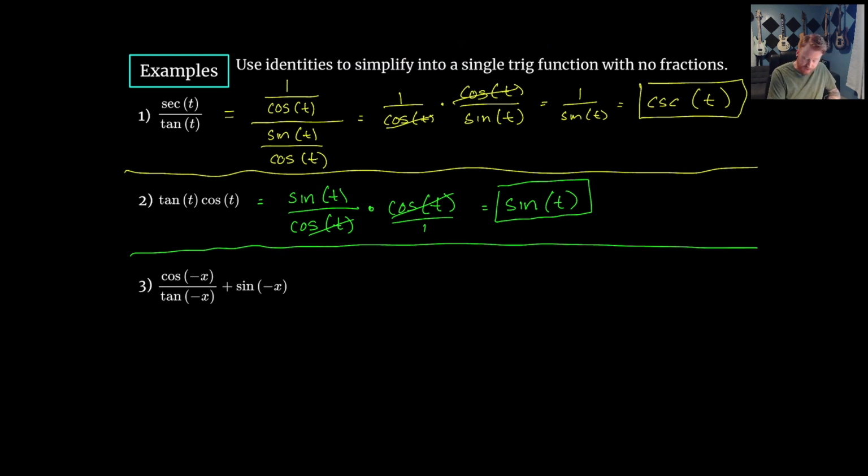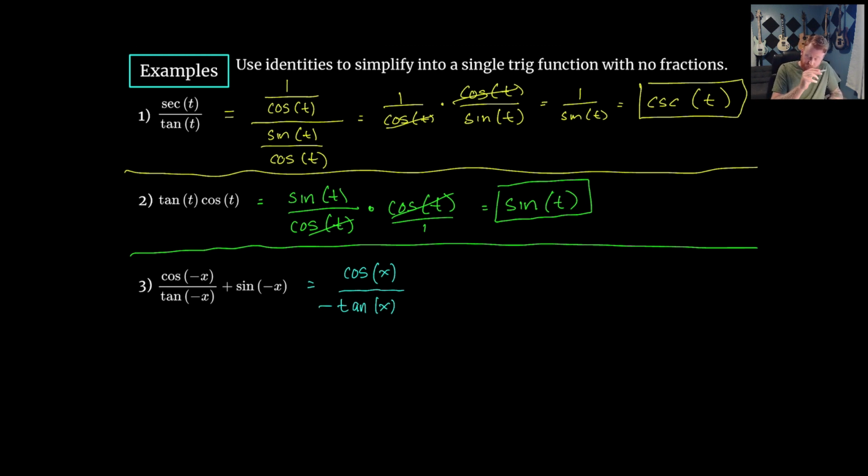This last one's going to take a little bit more effort, and we're going to put a lot of things together here. So the first thing I'm going to use is the evenness and oddness of these functions. Since the cosine is even, the cosine of negative x is the same as the cosine of x. Since tangent is odd, the tangent of negative x is the same as the negative tangent of x.